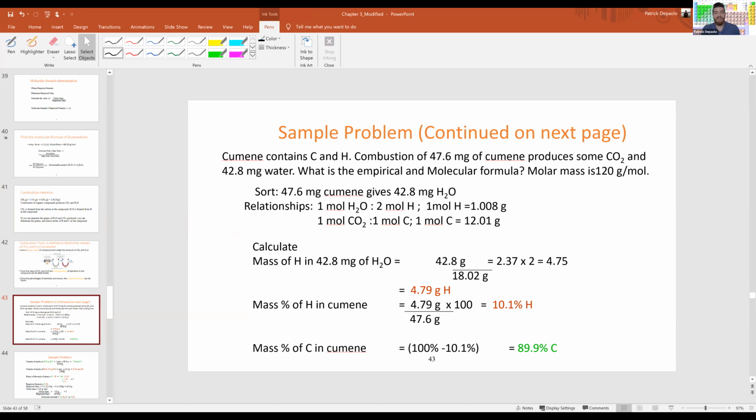So we know that out of this 47.6 grams of cumin, I say Cuban, like Mark Cuban, but cumin, 4.79 grams of it is hydrogen. From that, we can determine a mass percentage of hydrogen, 10 grams, or 10%. I'm going to stop there. Are there any questions on that process?